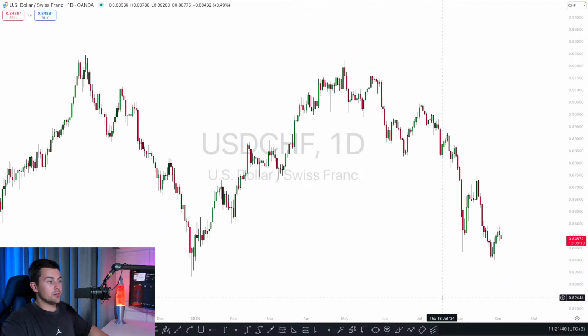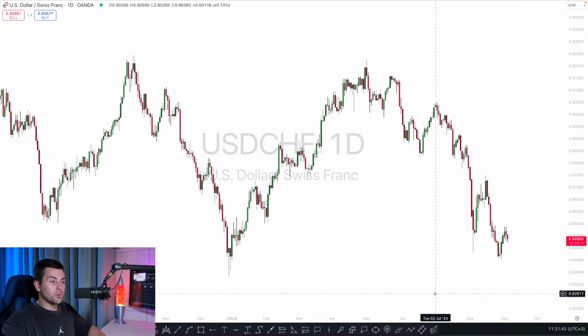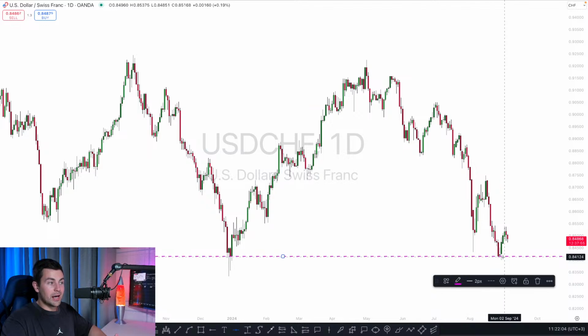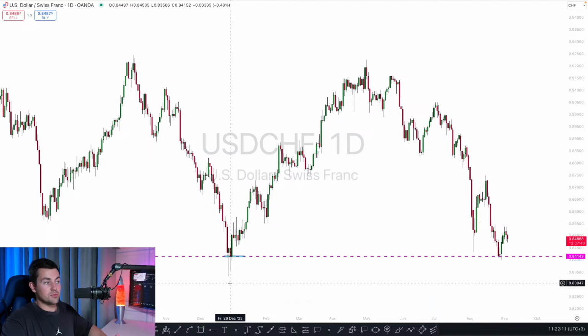Here in dollar Swiss, we can see the example of why occasionally the daily candle closes matter. Because if you are wondering why this recent bullish movement initiated from that level, we can draw a horizontal line and we can spot that it matches perfectly with the daily candle closes here.